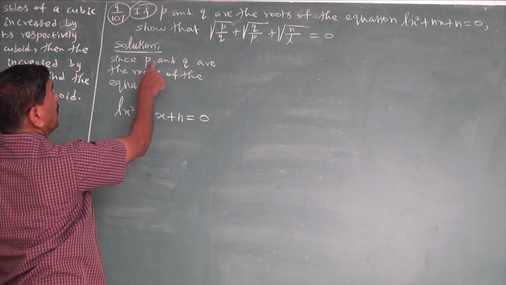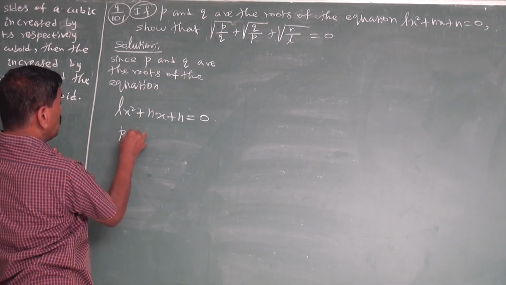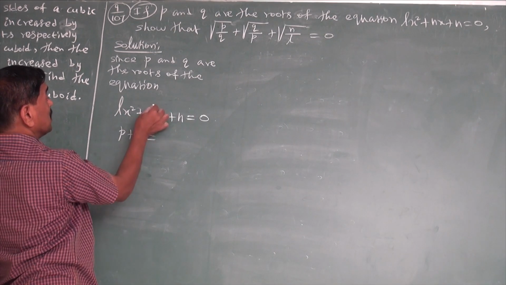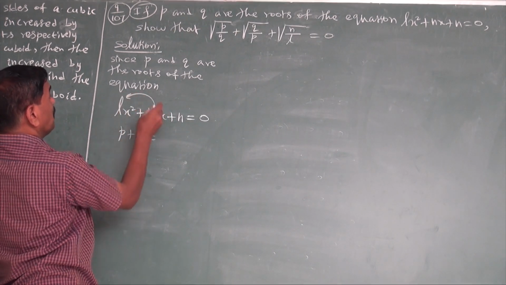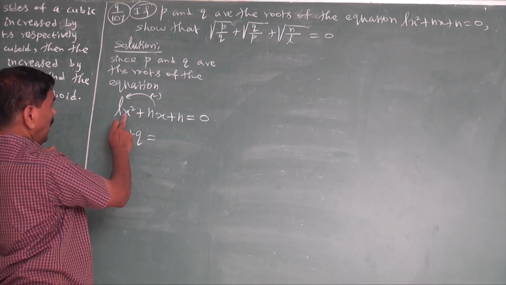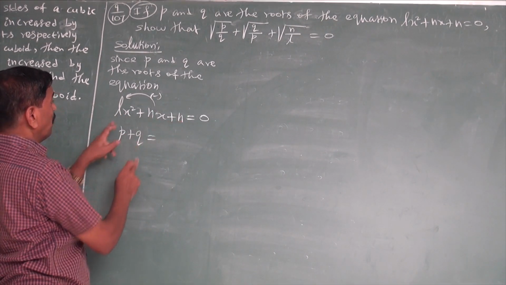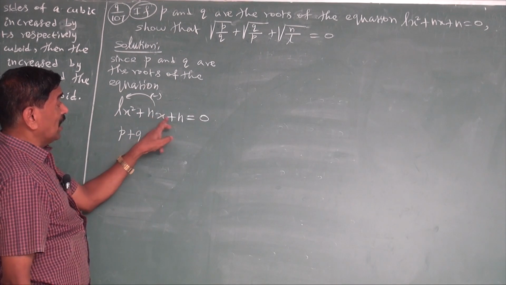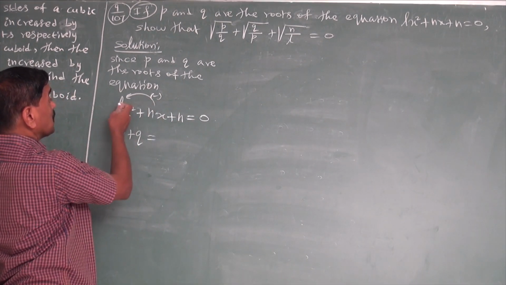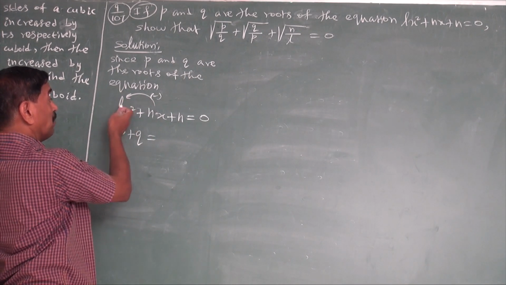Okay, now listen, here p and q are the roots. Therefore, sum of the roots p plus q is equal to minus b by a. Here ax square plus bx plus c, where a is equal to l, b is equal to n, and c is equal to n. So sum of the roots p plus q is equal to minus b by a, which means minus n by l.